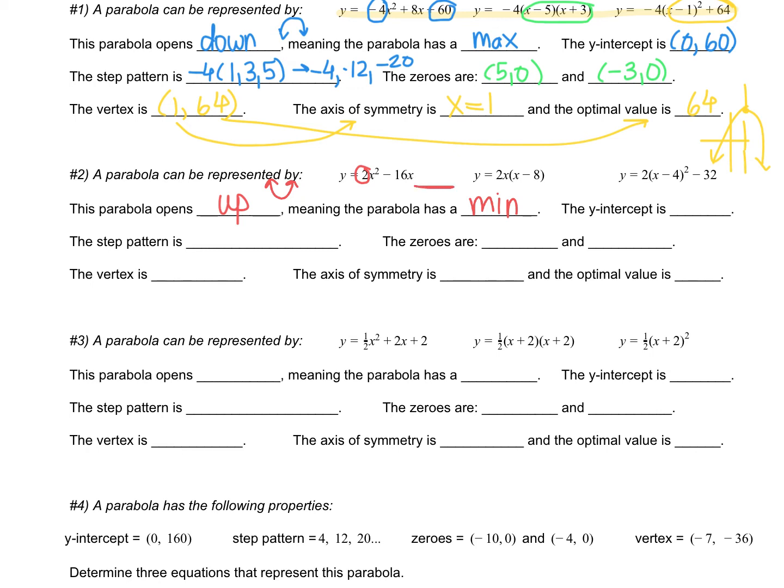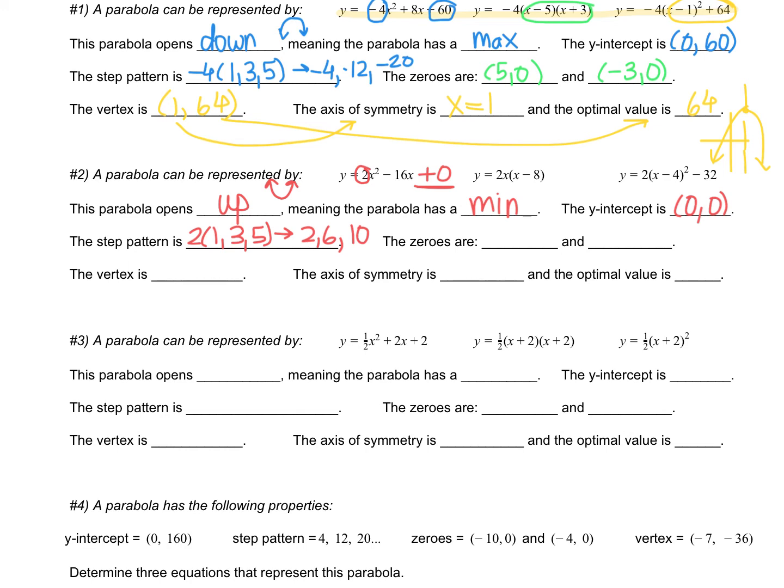There's no number there, which means it's technically plus 0. So the y-intercept is 0, 0. Now for the step pattern, we're going to look at that a value again, and the a value is 2. So I'm going to double 1, 3, 5 to get 2 times 1 is 2, 2 times 3 is 6, 2 times 5 is 10. And there's the step pattern.